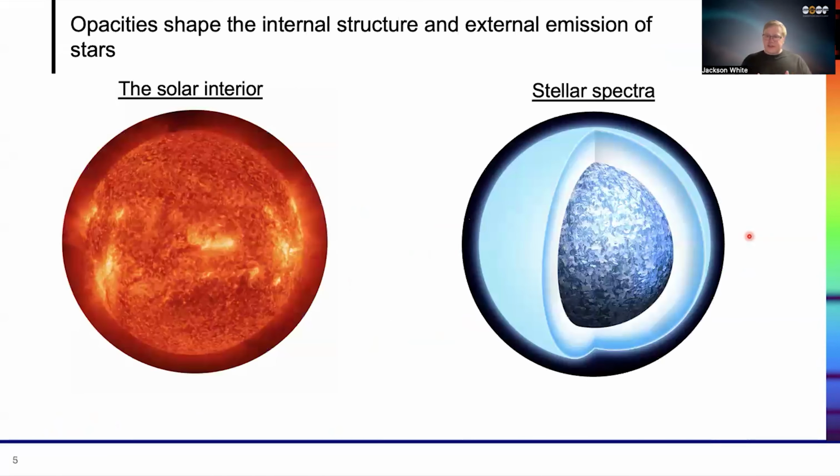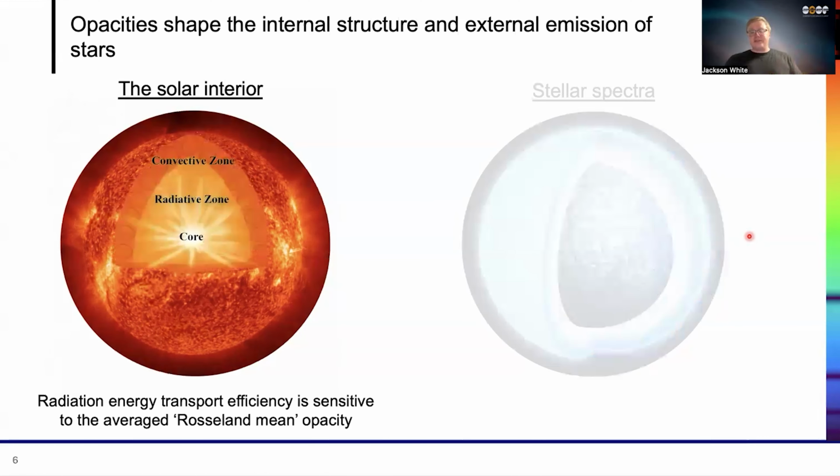And coming from an astronomy department, we care often quite a lot about opacities because opacities shape the internal structure of stars, like our very own sun, where the dominant energy transport mechanism is very often radiation transport, photon transport, which is sensitive to this radiative averaged opacity we call the Rosseland mean opacity.